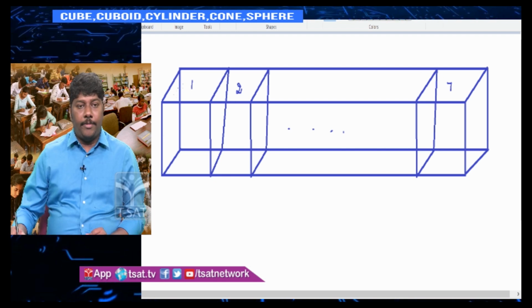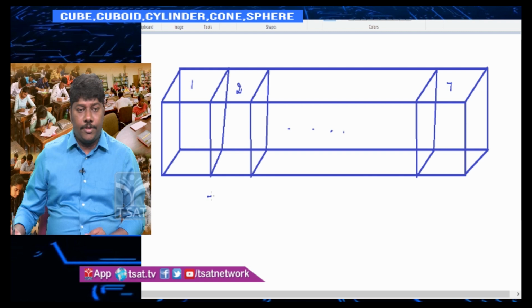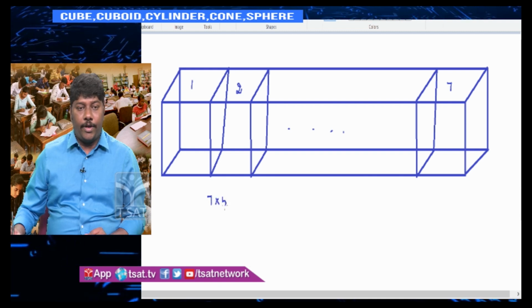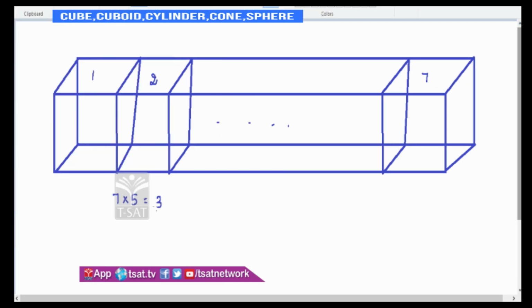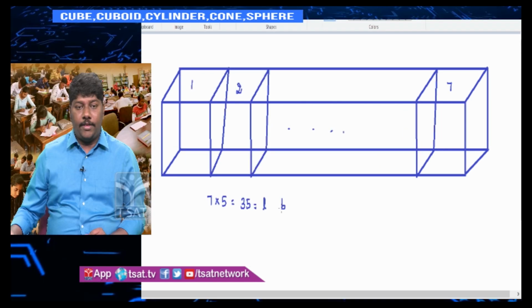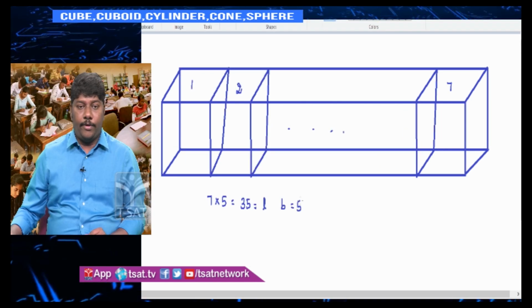Here height and breadth will not change, length will change. That becomes 7 into 5, which is equal to 35. This is length, whereas breadth and height remain 5 and 5 only.